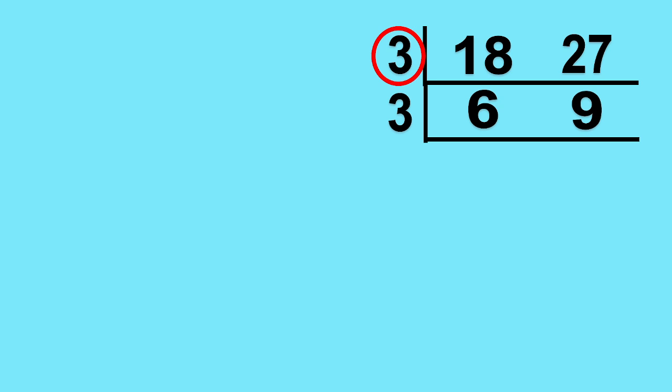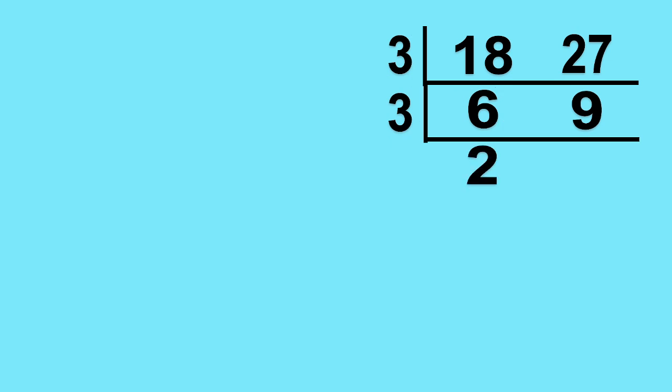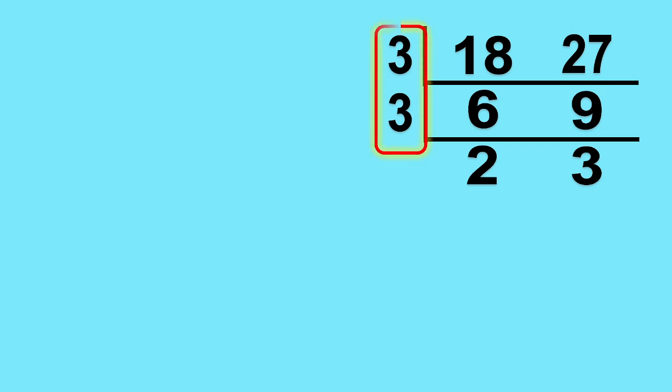Then let's proceed to division. 6 divided by 3 equals 2. 9 divided by 3 equals 3. 2 and 3 have no common factor, so you can stop dividing. Now, multiply the divisors, the numbers written vertically on the left, and the remaining numbers written horizontally in the last row.